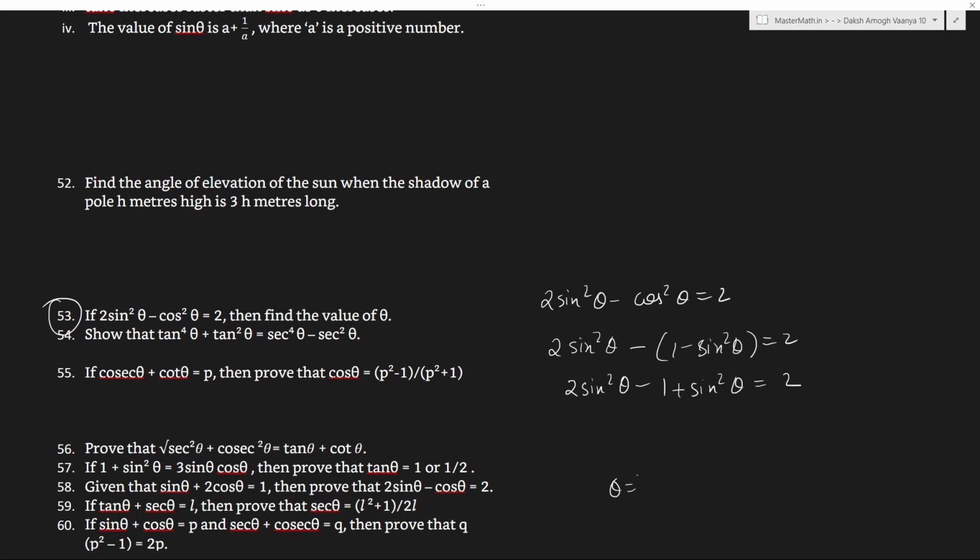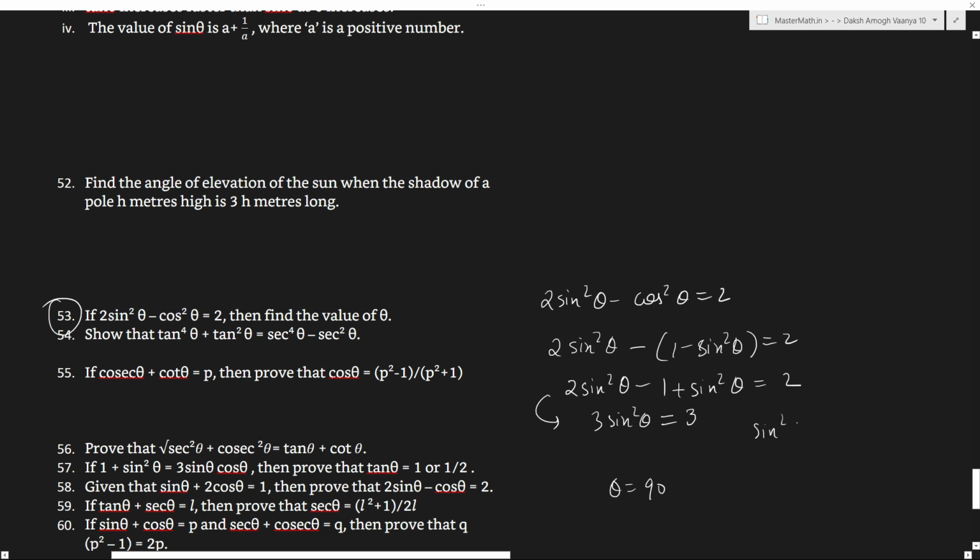You're done, Amog? Tell me. Theta is equal to 90 degrees. What's the next step of this? It will be 3 sine square theta minus 1 is equal to 2. Minus 1 goes to the other side, it would be plus 1, so 3.